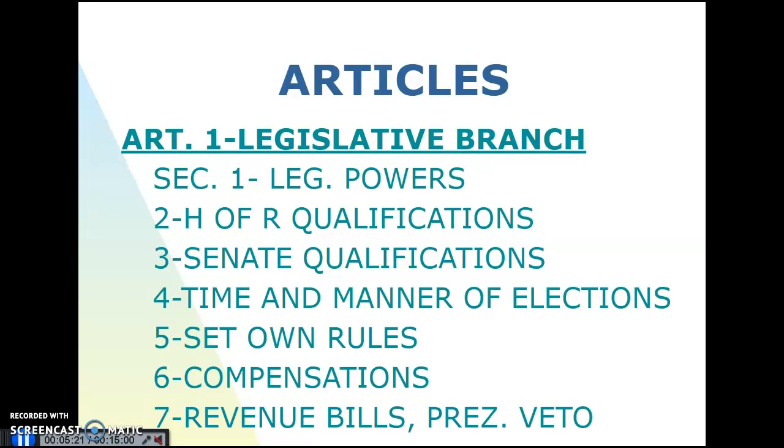Now in the House, if you get elected, you serve a 2-year term. And then you have to go up for re-election again every 2 years. If you're in the Senate, you are elected for a 6-year term. Don't get those confused with the citizenship qualifications. These are just terms when you get elected.